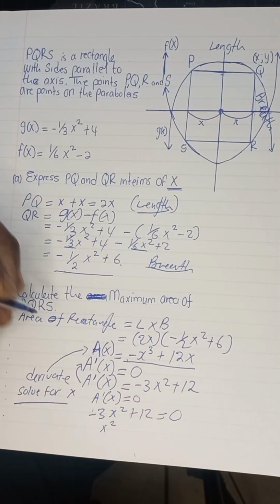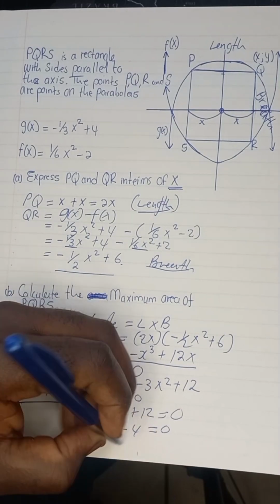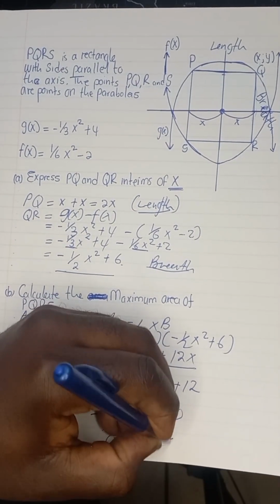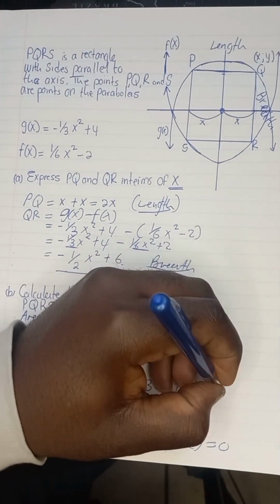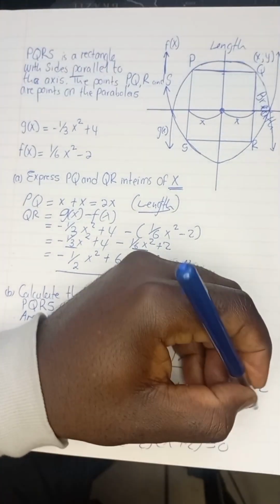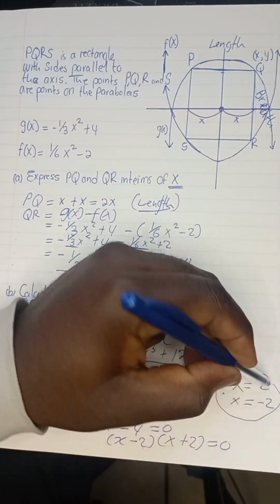Then divide the whole equation by negative 3, and you get x squared minus 4 equals 0. There's a difference of two squares, x minus 2 and x plus 2. So I'm sure you'll get your x values as x equals 2, and also x equals negative 2.